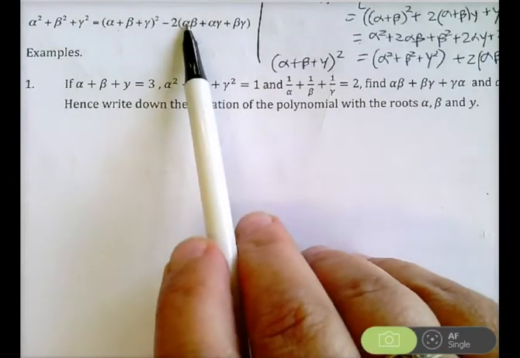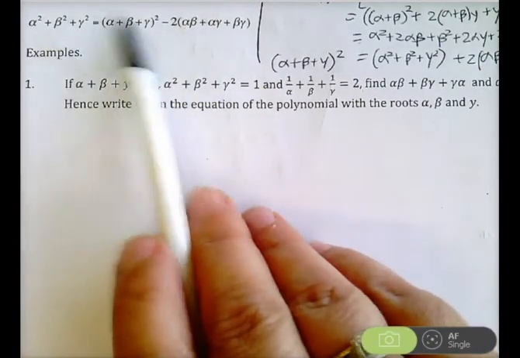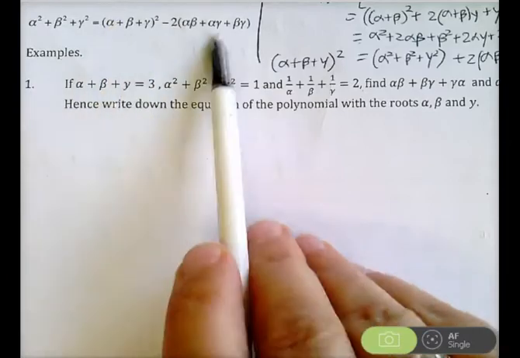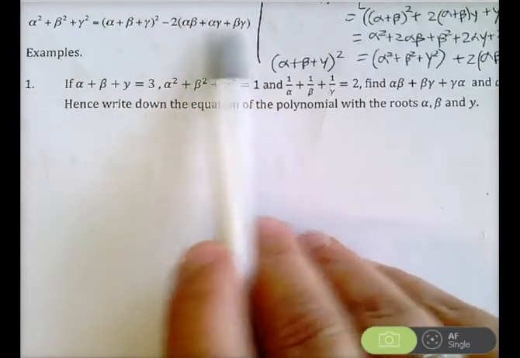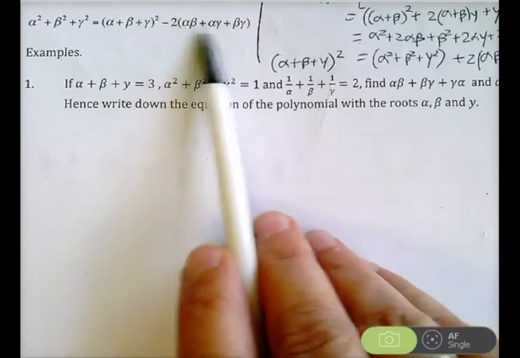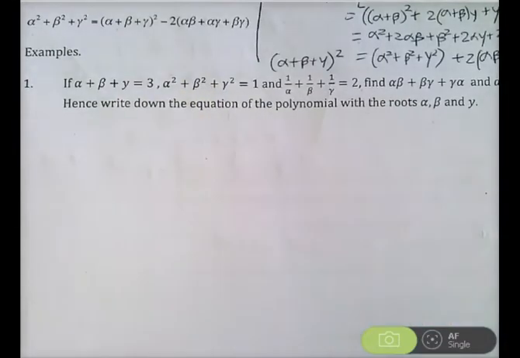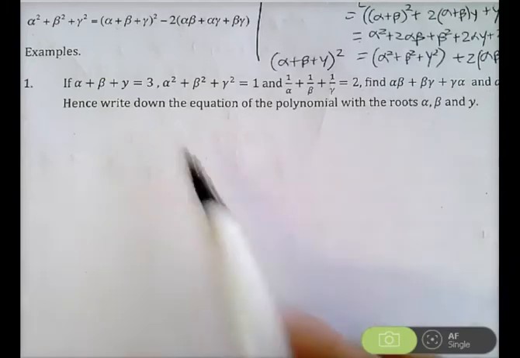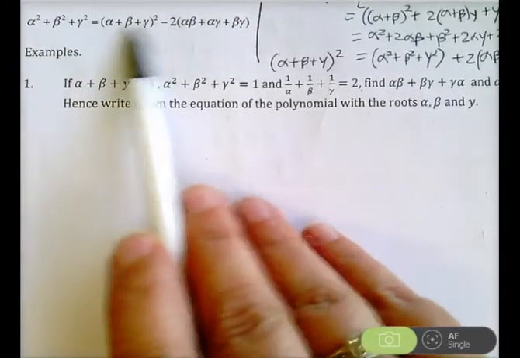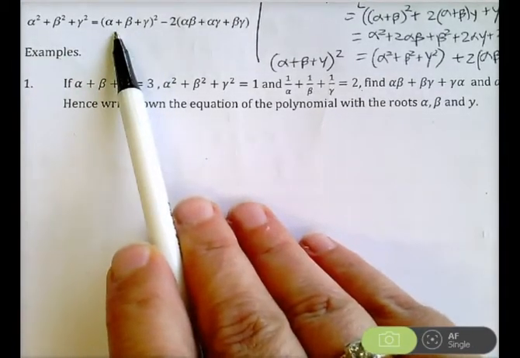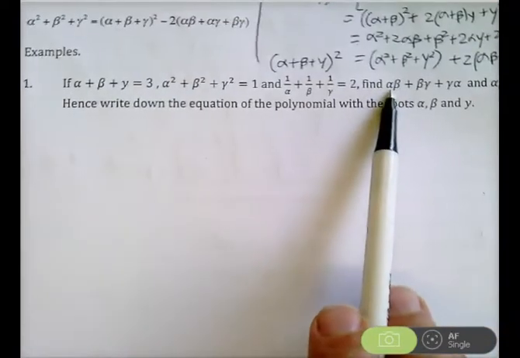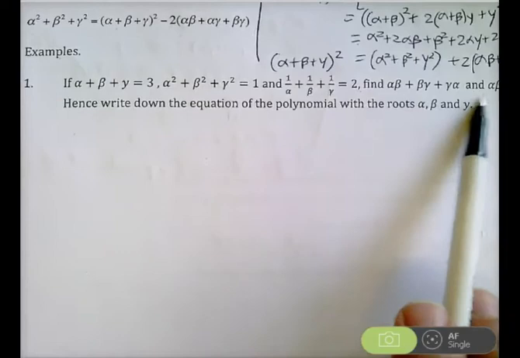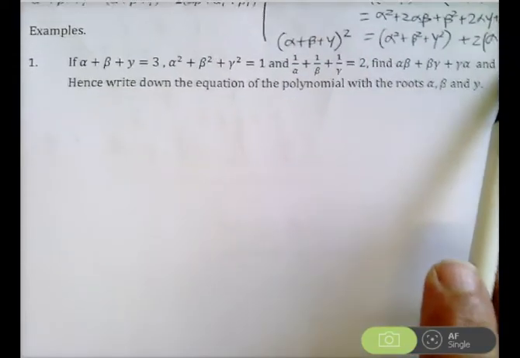And we can therefore, if we write this equation out, substitute these results in, we'll be able to work out sum of roots 2 at a time. Do you see that? We know that. We know this. We've got values for those. And we will thus work out sum of roots 2 at a time. So that will find alpha beta plus beta gamma plus gamma alpha. Okay? So we'll start with that.